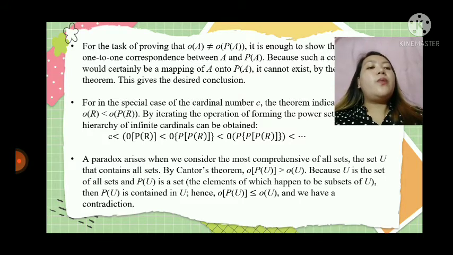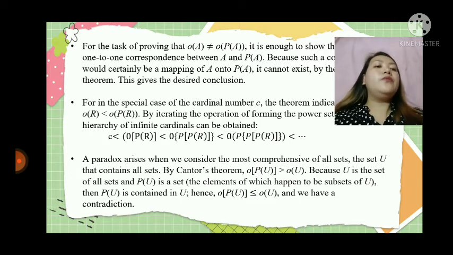By Cantor's theorem, the power set of U is greater than U. But U is the set of all sets, whereas the power set of U is a set, the elements of which happen to be subsets of U. The power set of U is contained in U. Hence, the power set of U is less than or equal to U, and we have a contradiction.